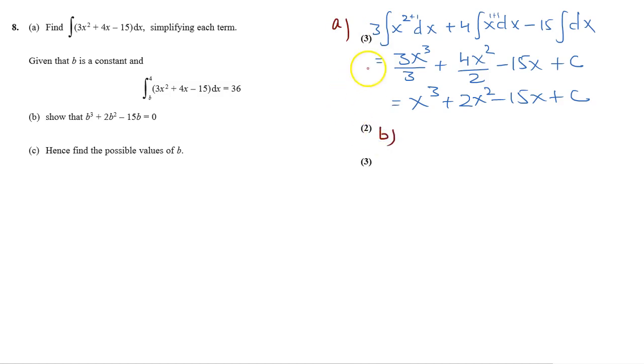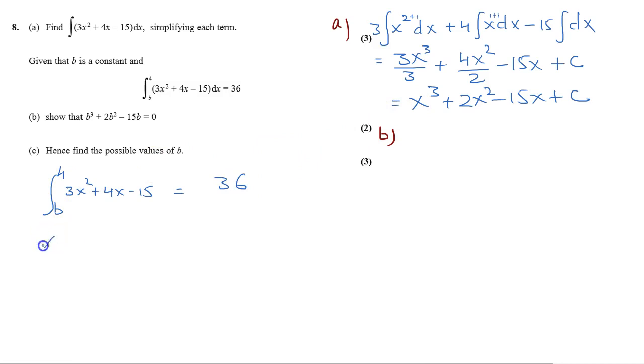Now part B: b is a constant, and the integral is equal to 36. Show that b cubed plus 2b squared plus, now we have the limit b to 4, 3x squared plus 4x minus 15, this is equal to 36.